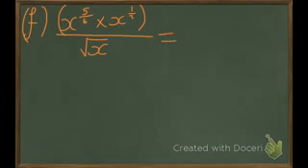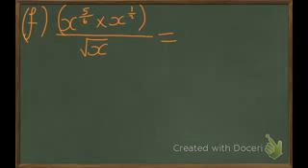But this is not as complicated as it looks, because all we have to do is apply 3 laws. First of all, I'm going to deal with the numerator, and we can recognize that this is the multiplication law, which I've stated in previous questions.